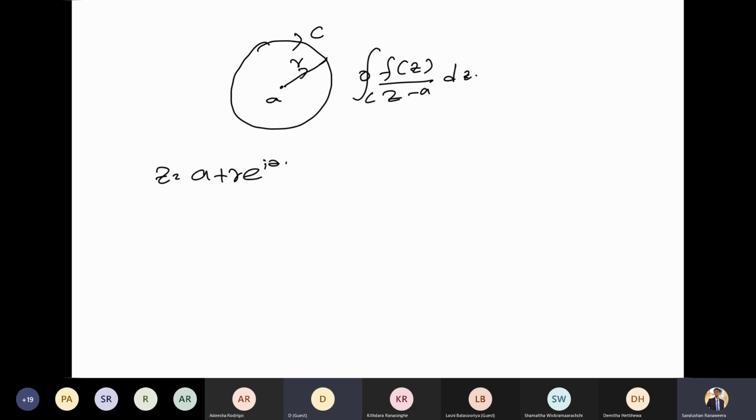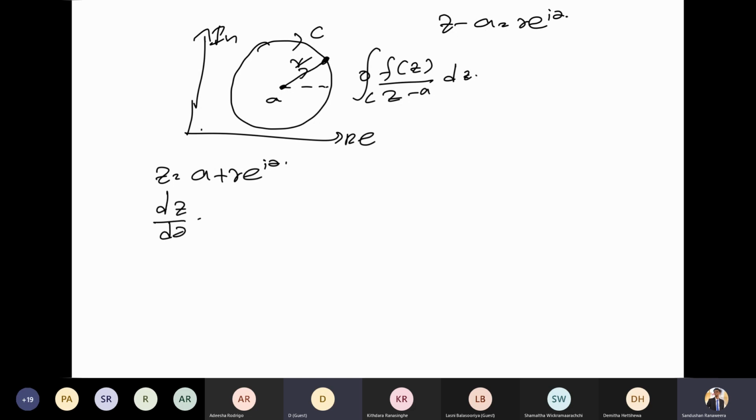If this is my imaginary axis and this is my real axis, for any z on this circle I can write z minus a as r e to the power i theta, because its magnitude is r and its argument changes as it rotates. Then dz over d theta, since a is constant, is r times e to the power i theta times i, so I have i r e to the power i theta.